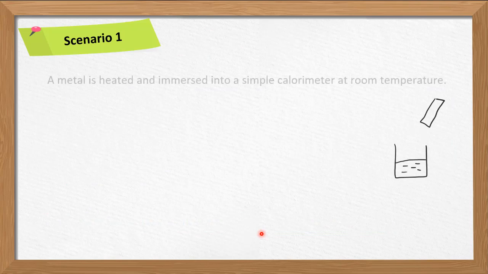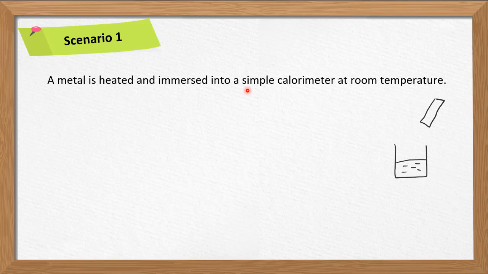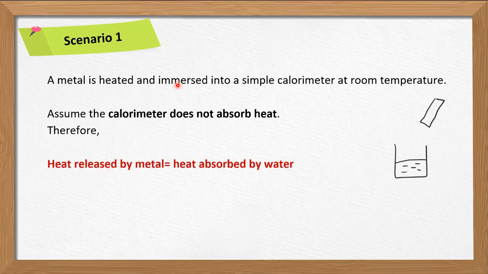So let's go into our first scenario. Let's say a metal is heated and immersed into a simple calorimeter at room temperature. Immersed means it is put into, or transferred into, the calorimeter. We assume that the calorimeter does not absorb heat. Therefore, heat released from this metal will be absorbed by the water.